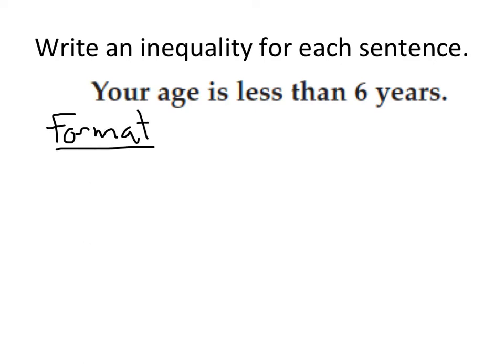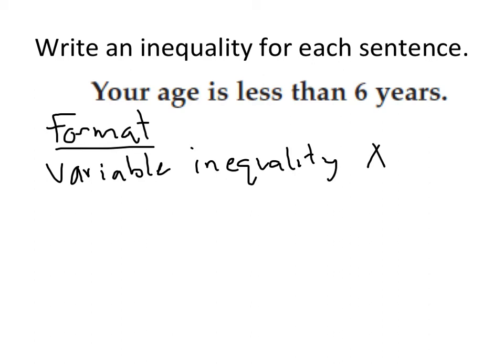What we'd like to see is the variable first, then whatever the inequality is, followed by whatever your answer is, our number. Your age is less than 6 years old. Your age, we're going to use the A for age, is less than 6. And that is the answer.